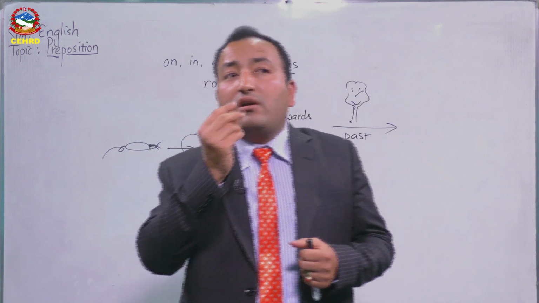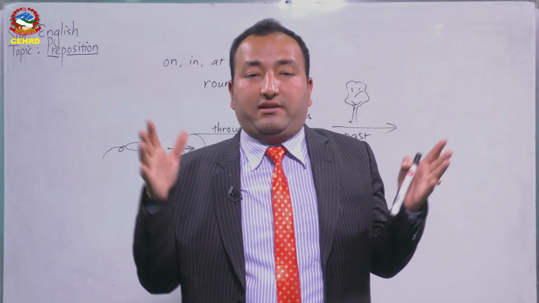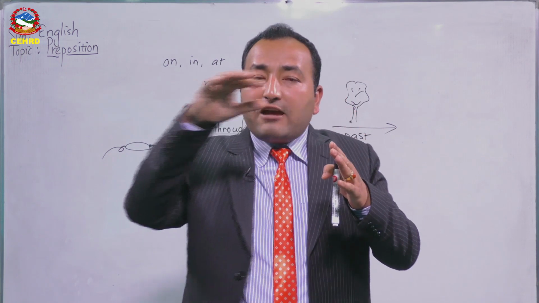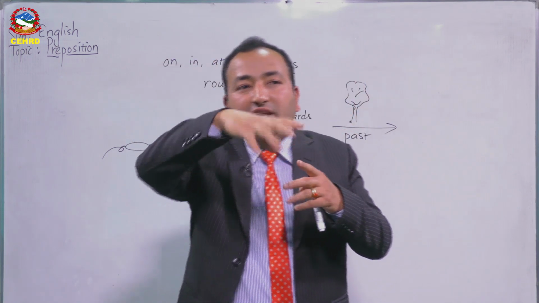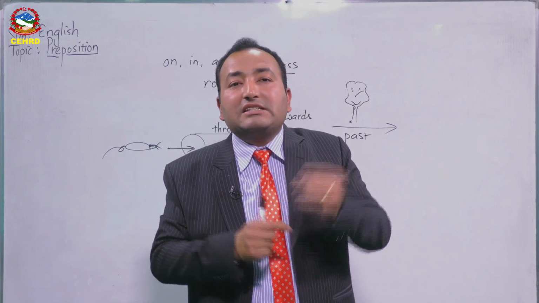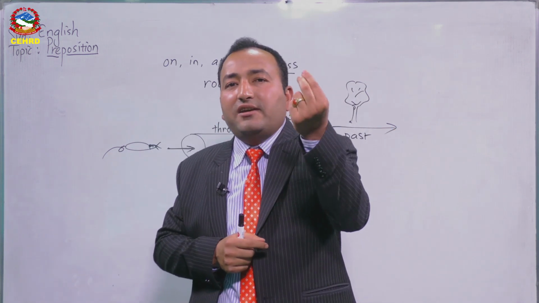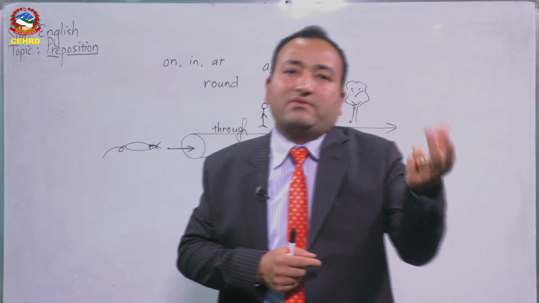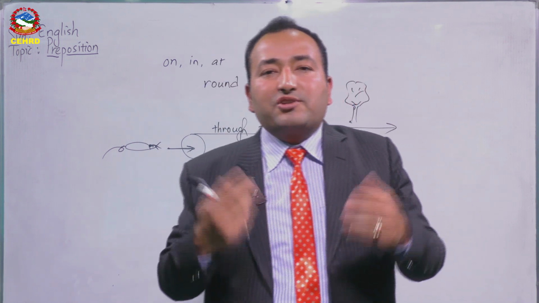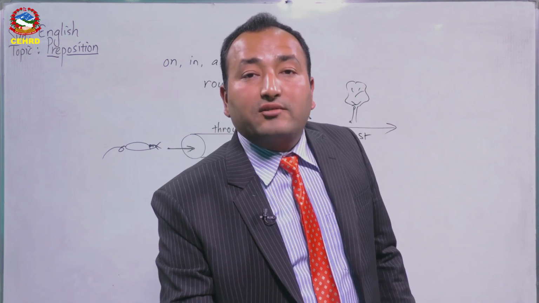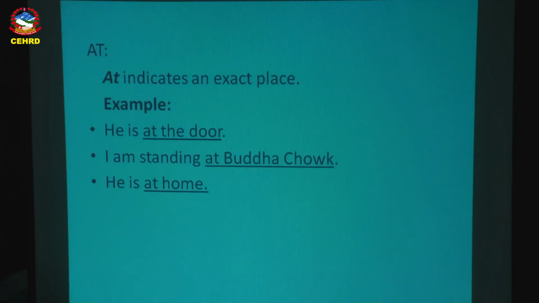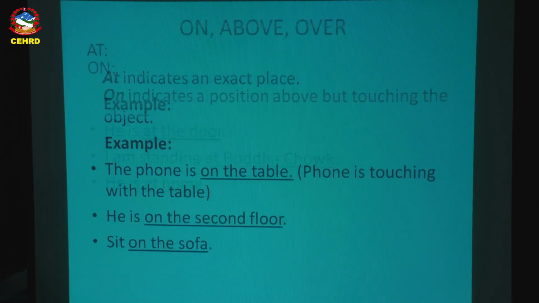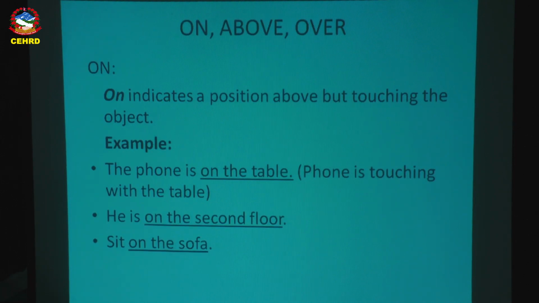Because door does not have an area. The door does not have a boundary. How much boundary? There is no area. It's just a point. It's just a specific exact place. That's why we use at. At the bus park or at Buddha Chowk, something like that. So at is there, like he's at the door. I'm standing at Buddha Chowk. He's at home.